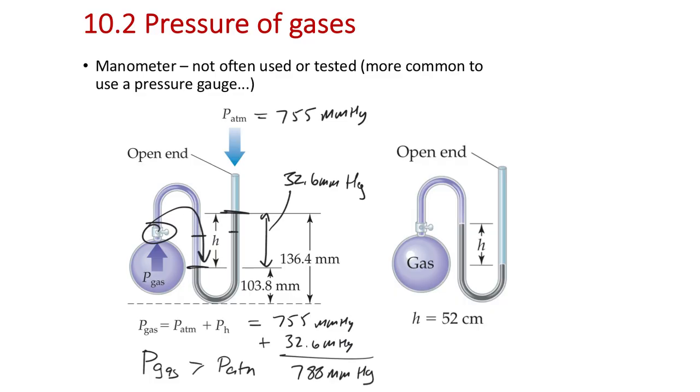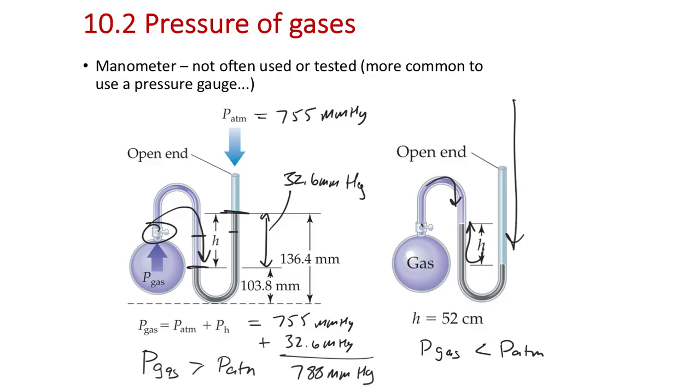And then the other alternative is that when we open the valve to our gas sample, the pressure of the gas is below atmospheric pressure. Then the column of mercury will be pulled upwards because it doesn't have as much pressure pressing downward anymore, and the atmospheric pressure is pressing down by more.